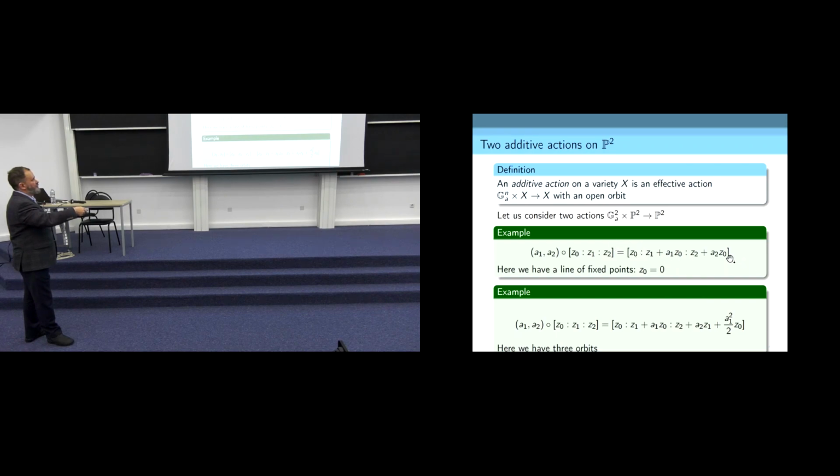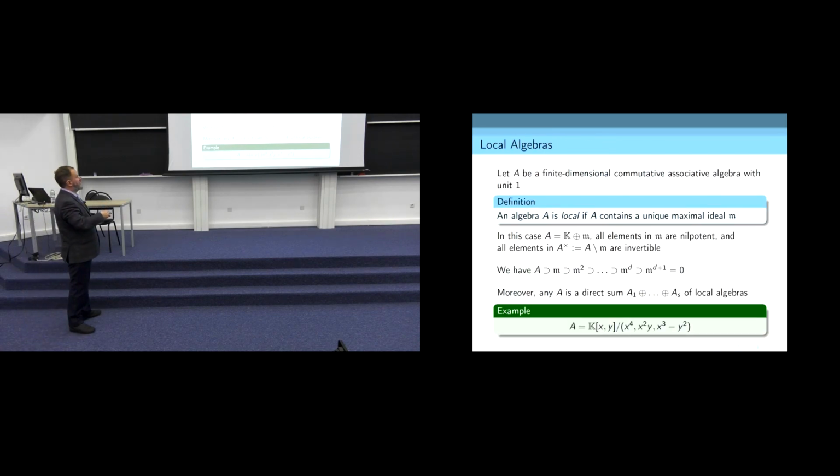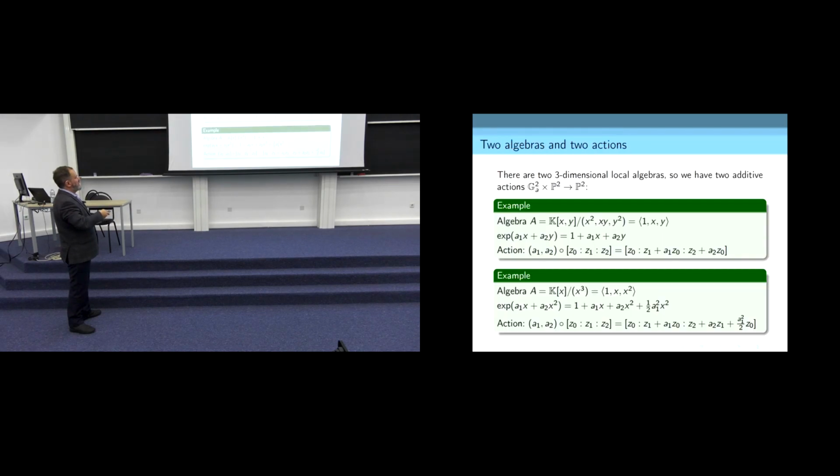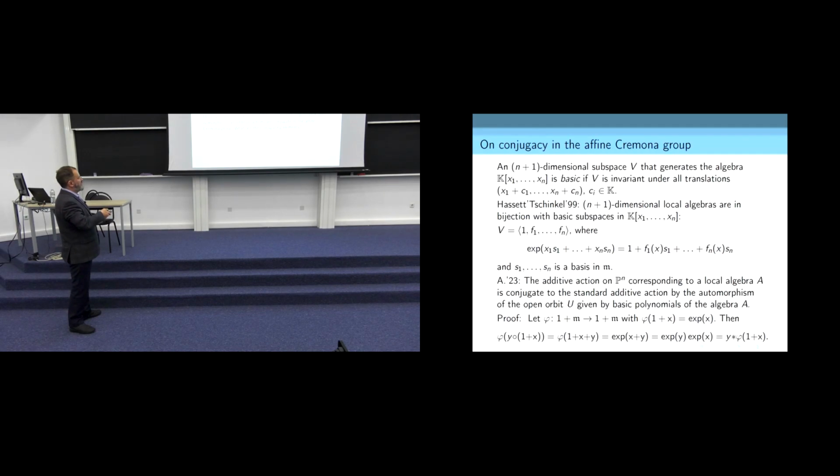In any projective space, you may just imitate translations this way. This is the standard additive action. So the claim is that such an automorphism of the affine space sends any additive action to the standard additive action. And the proof is straightforward. Let me just explain it to you.